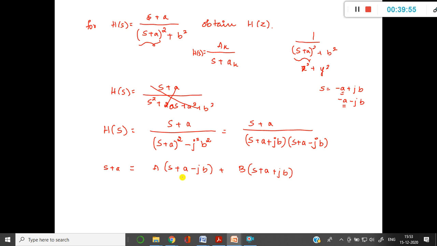Solve this, then adapt the method, and a and b both will be equal to 1 by 2. So again you repeat the process that we have done. I think further it will be very easy for you to solve this example, right?